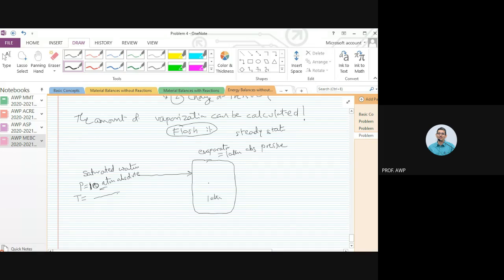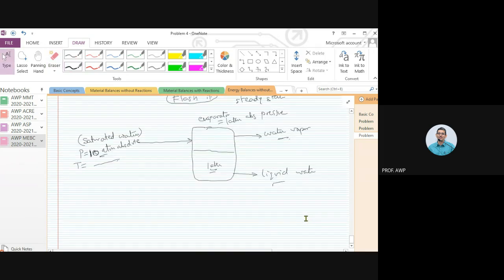So part of the liquid water will vaporize, partly it will become water vapor, and partly it will become liquid water. But because water vapor has formed, this solution must be at its boiling point. Gibbs phase rule. At the same pressure, I have both water in the liquid state and the vapor state.